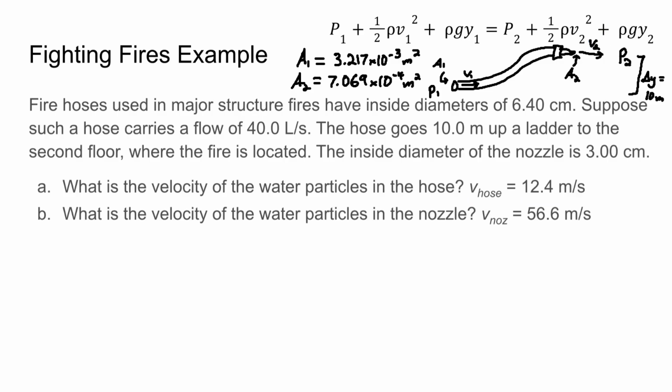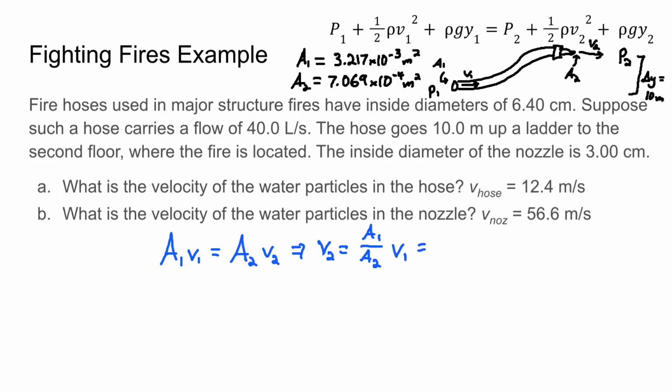We know from our continuity equation that A1V1, the area times the velocity of the particles at any point within this enclosed vessel, should equal A2 times V2, the area of any other portion times the water particles' speed at that other point. So if we want to find the nozzle's velocity, V2 equals the ratio of the hose to the nozzle, A1 over A2, times the speed in the hose.